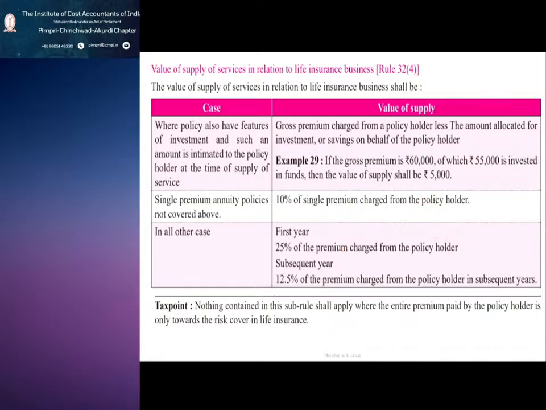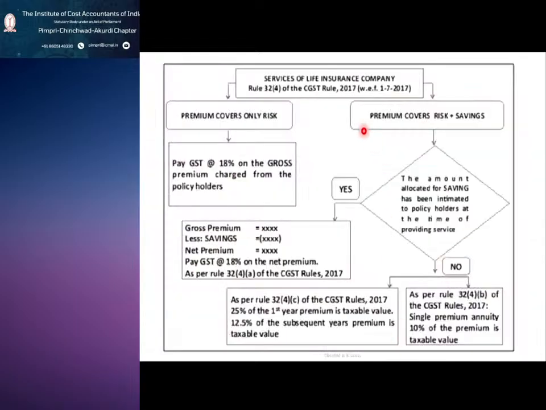If you find it easy, you can go with this, or you can go with this chart also. For any insurance, we pay a premium, and the premium has multiple components.